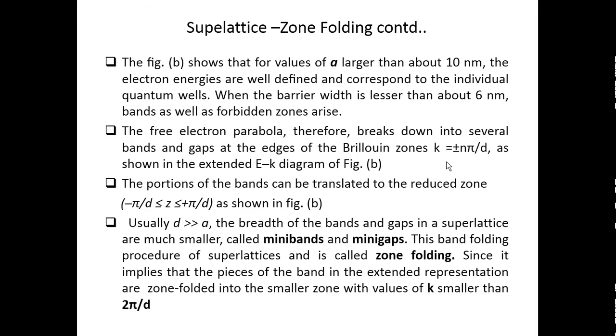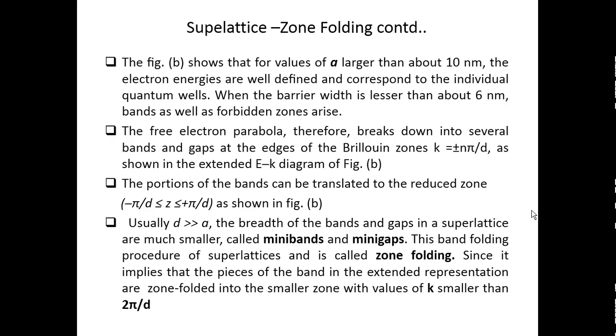But when the barrier width is less than 10 nanometers, say some 6 nanometers or so, then there will be allowed energy bands as well as forbidden zones or gaps, so that the parabolic potential of the individual quantum well will now be considered broken into several small bands with forbidden gaps at the edges of the Brillouin zones, represented by k equal to plus or minus n pi by d, which is shown in the extended zone diagram.